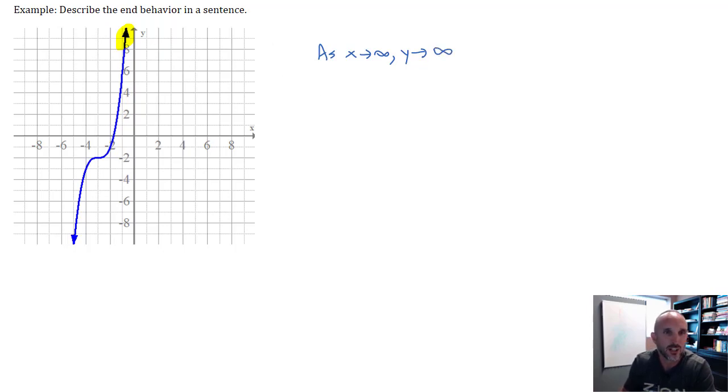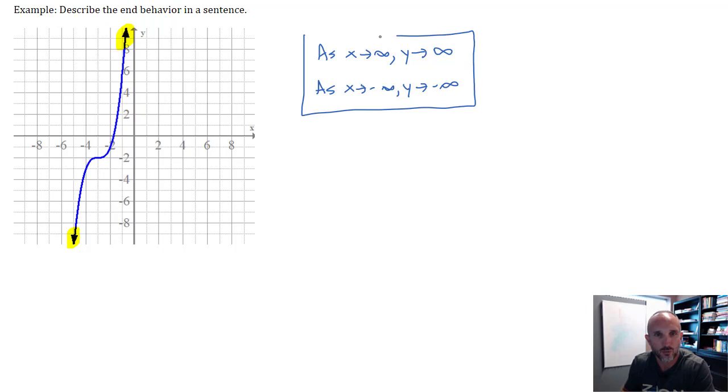Okay? If we look at the left end, as x goes to negative infinity, we can see that as this graph goes to the left forever, the y values are going down forever. So as x goes to negative infinity, y also goes to negative infinity. And so there we have fully described the end behavior. Let's try another.